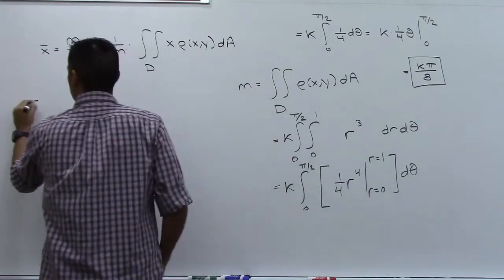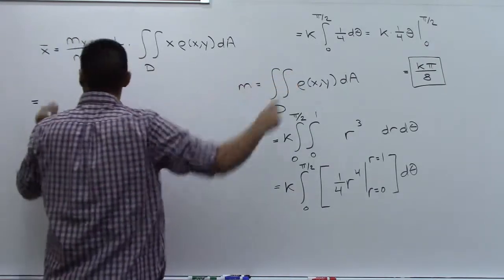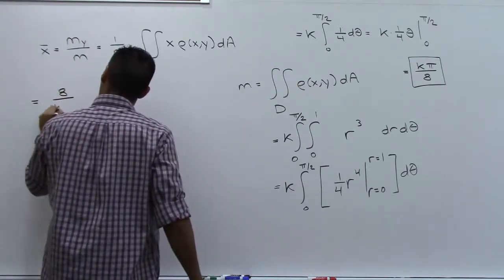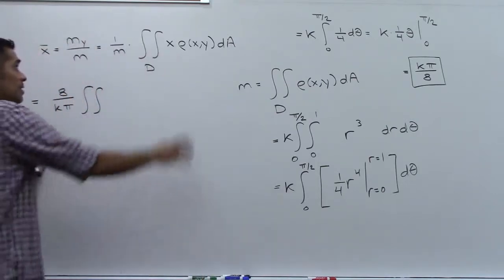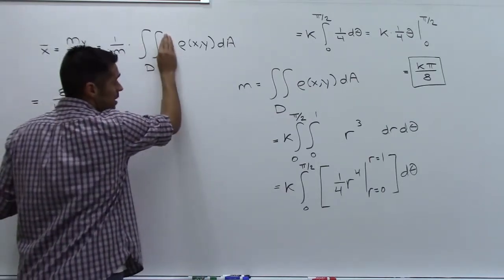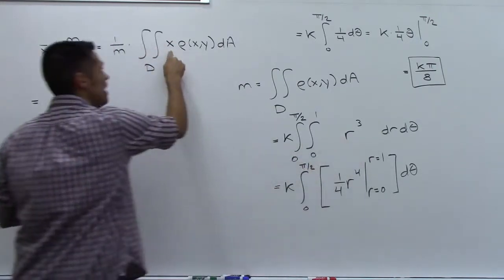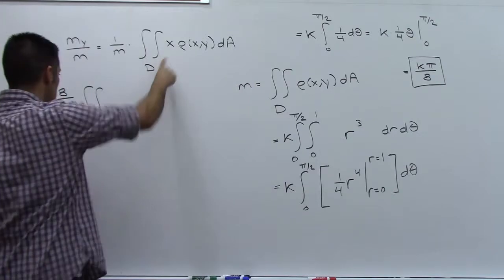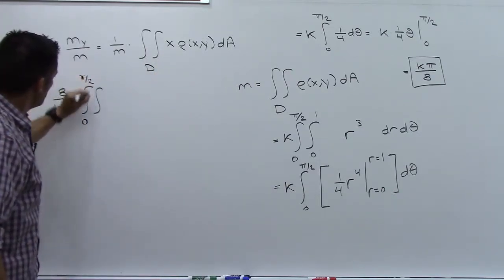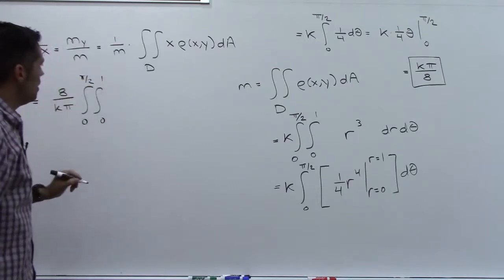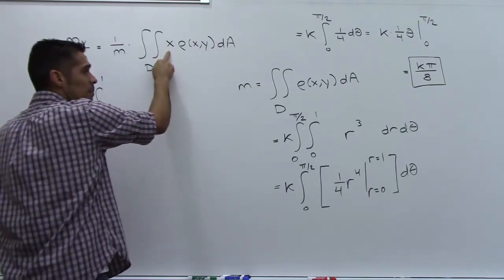So this becomes, well, 1 over the mass is the reciprocal of the mass. There's the mass, so it becomes 8 over k pi times the double integral. Now I already know what happens if the x isn't there, right? I convert to polar, but now I have an x there, so I have to take that into account. I'm still going to go to polar, so it's still 0 to pi over 2, still 0 to 1, but my x needs to be replaced with my polar conversion.